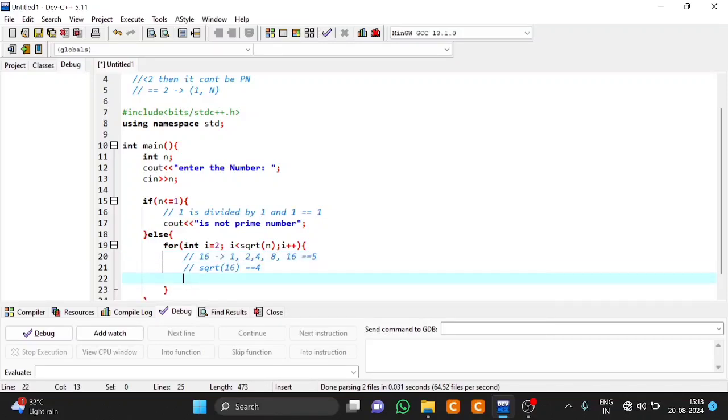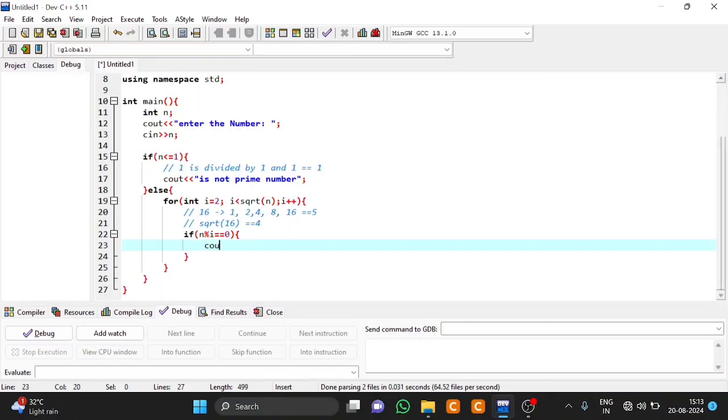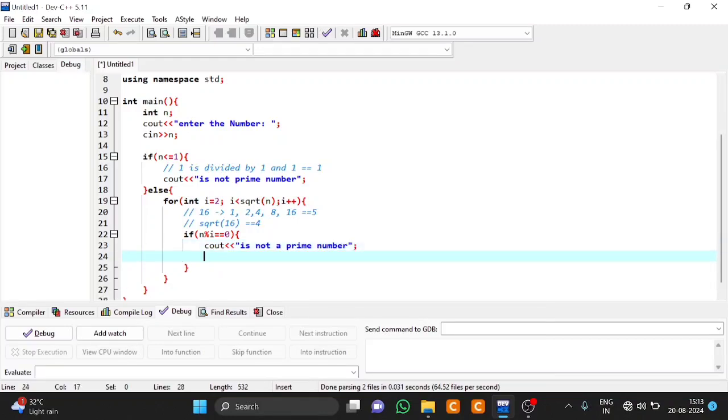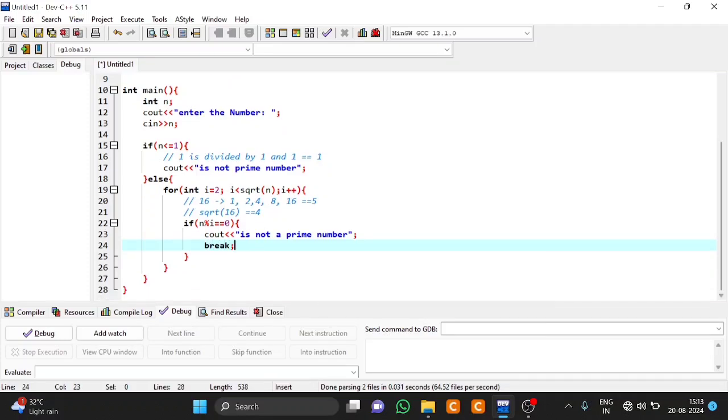Now if n modulo i is equal to 0, that is, if n is divided by any number, then we print cout "is not a prime number", and we break the loop, come out, and return 0.